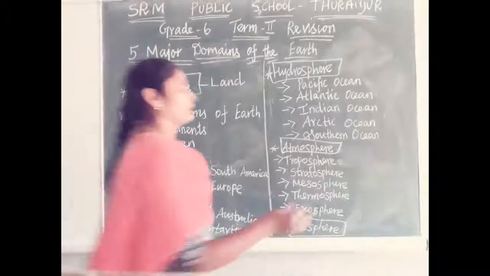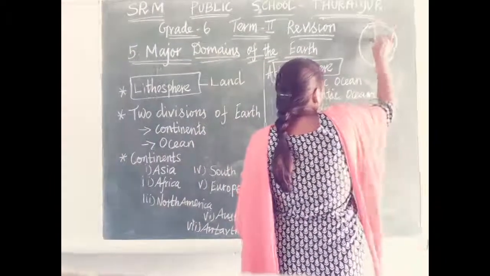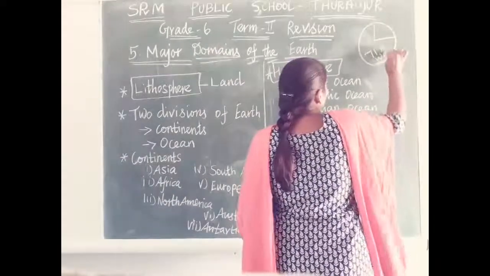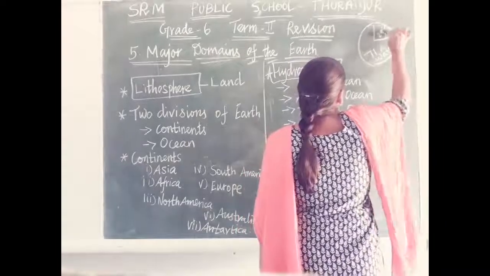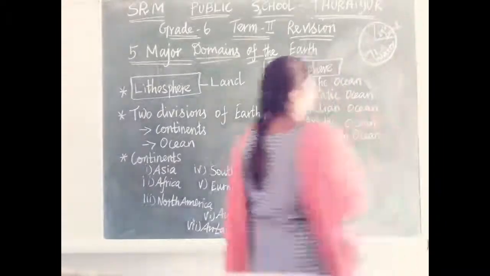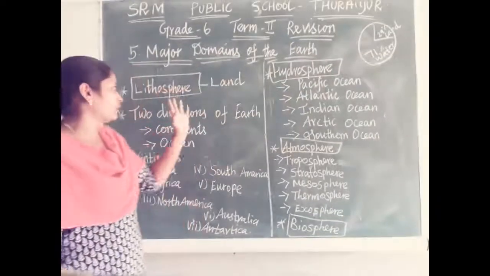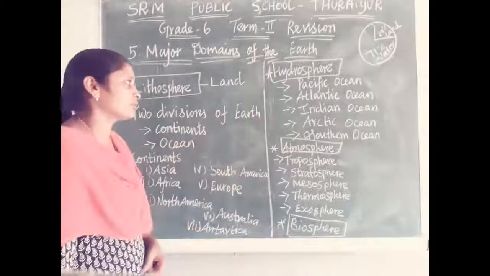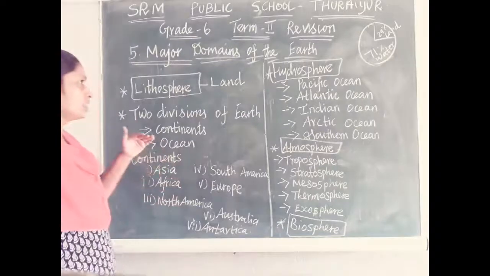You know very well our earth is covered with 71% water, and the remaining 29% is only land. That 29% of land is called lithosphere.